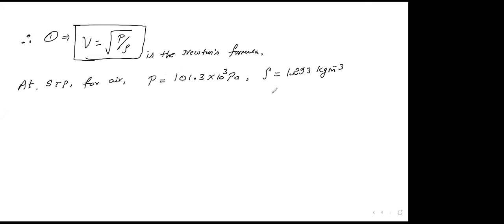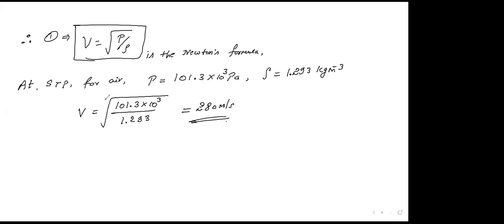Now substitute: 101.3 into 10 power 3 and here 1.293. After calculating, we get 280 meter per second.